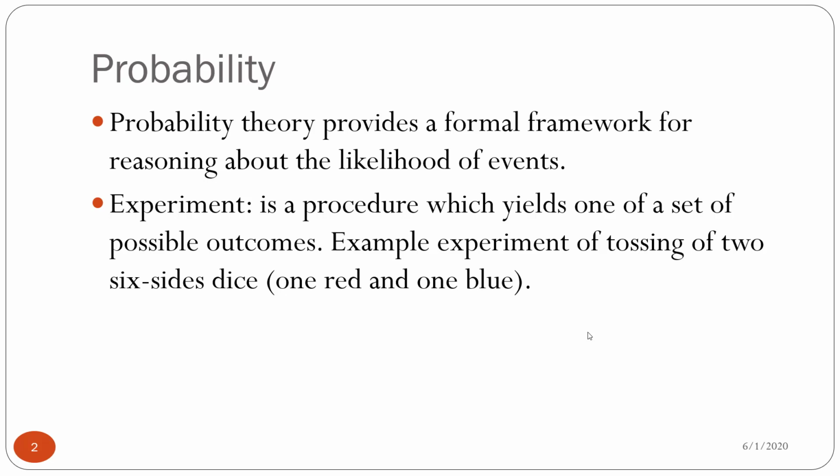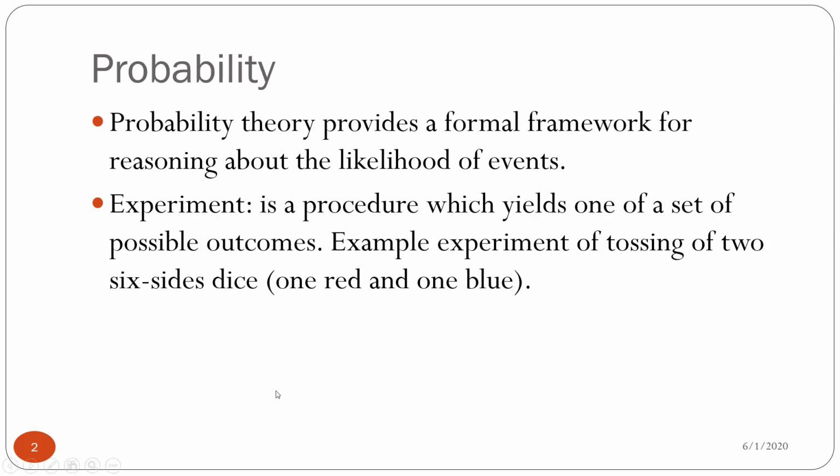So we will use probability whenever we have to make some guess about the future, when we have to make some reasoning about some event which has to happen in the future. So that's what we mean, that it's a formal framework for reasoning about the likelihood of an event. Okay, so that's what probability is.